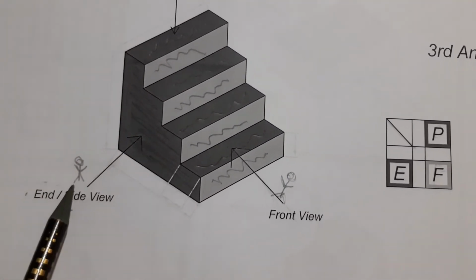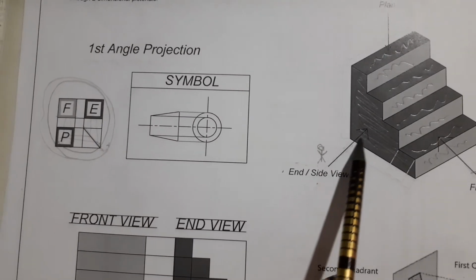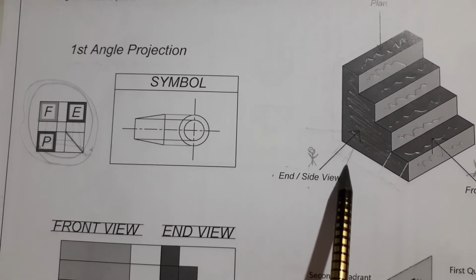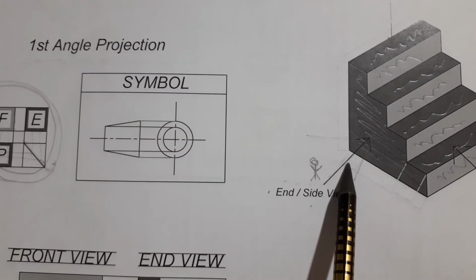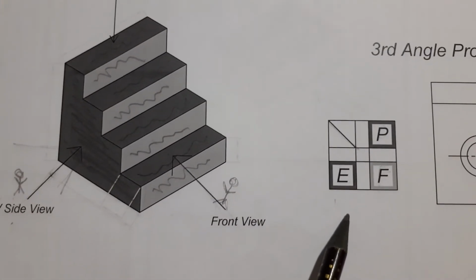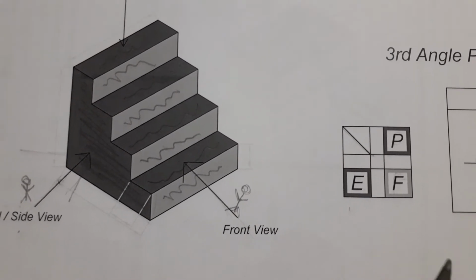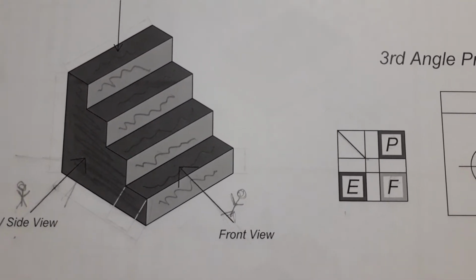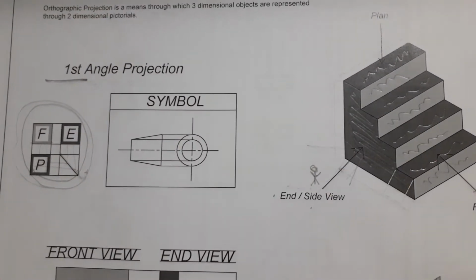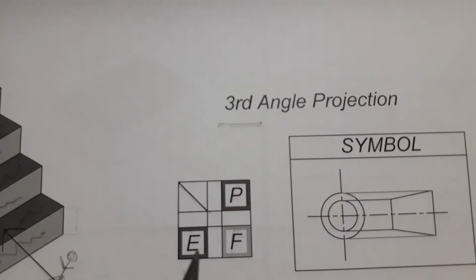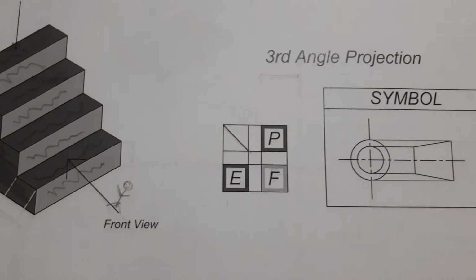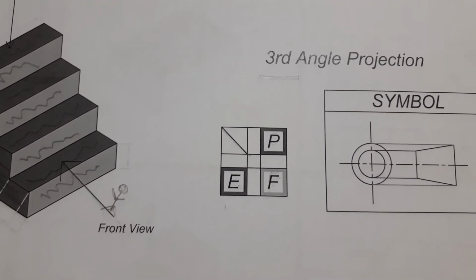If we have the end view for the first angle looking from here, I'm going to have the exact same diagram over here for the third angle projection. Guys, the 2D diagrams for both the first angle and the third angle views remain exactly the same.